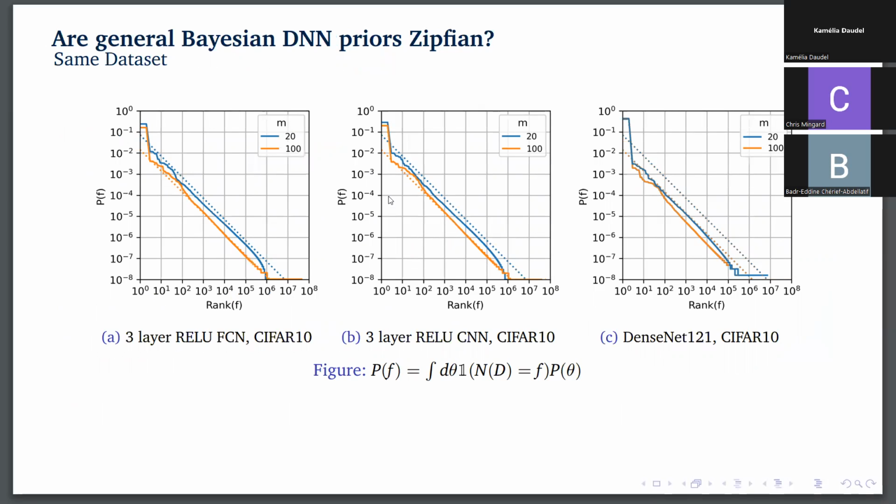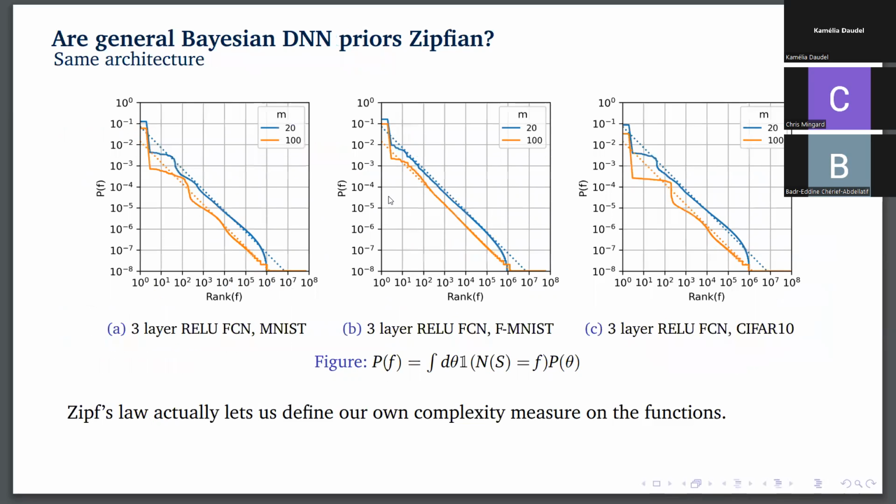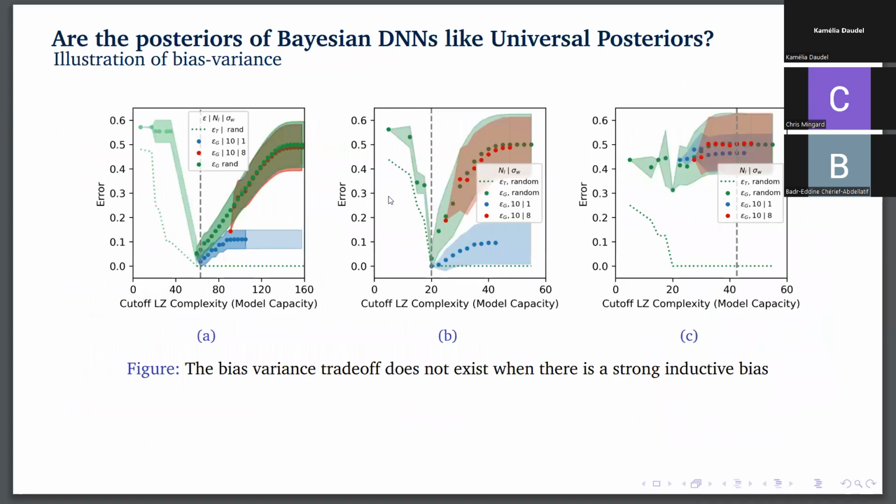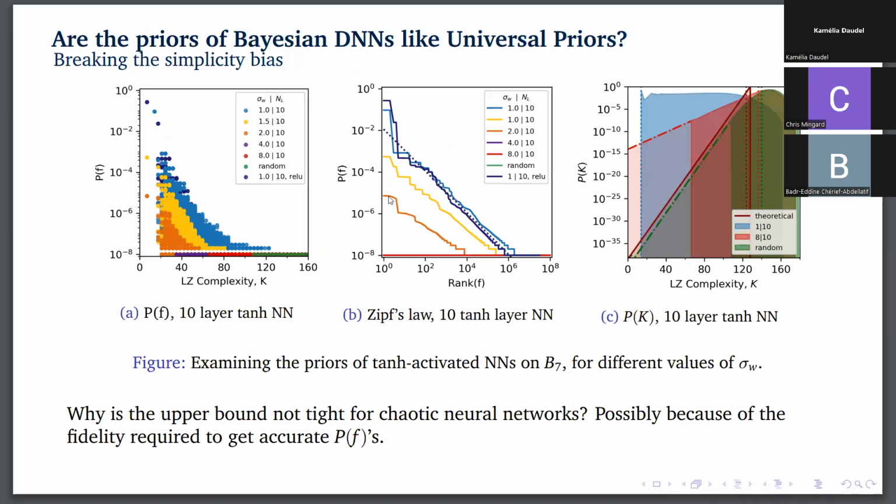So you said a couple of times the chaotic region. What do you mean by that? So if you take a neural network with tanh activations and you have very, very large weight initializations, you can prove that in the limit of infinite depth, the outputs become perfectly chaotic. So if I have two inputs that are some small distance from each other, then there's no correlation between the outputs.